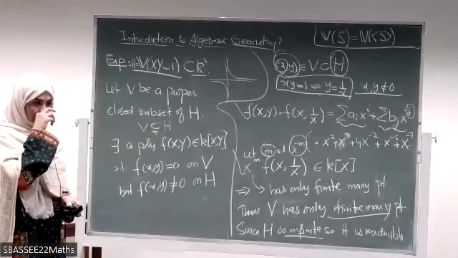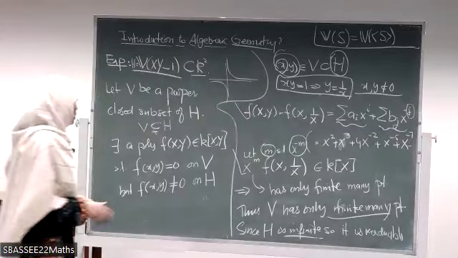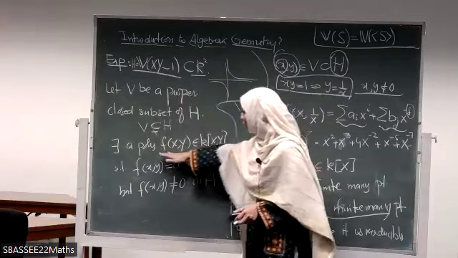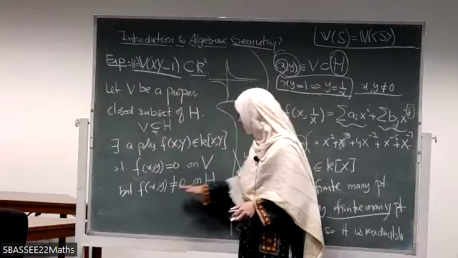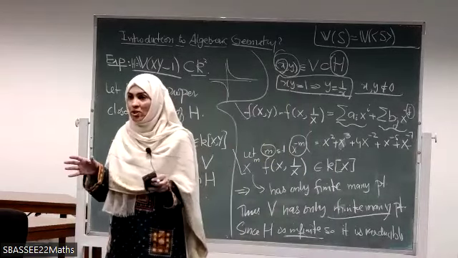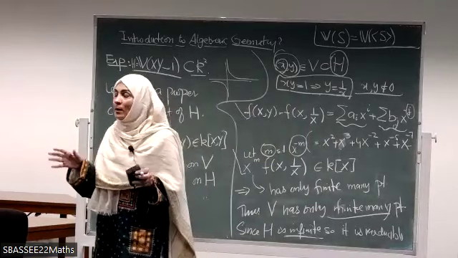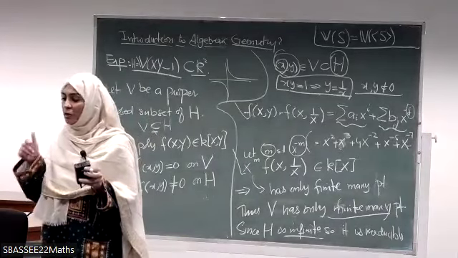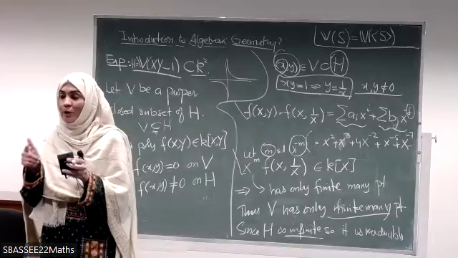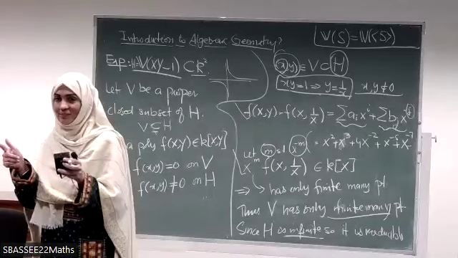But this is not true, because I'm choosing V as the proper subset, so I'm working with that polynomial which is non-zero on H. So this is not identically 0 on H. Because the points which you will get for that polynomial would give you the whole H, and we are not considering that case.